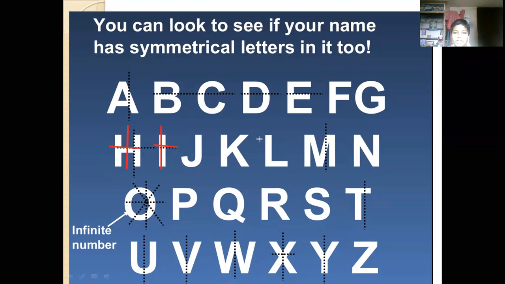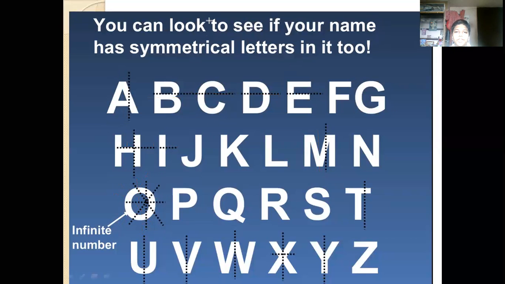J no, K no, L no, M center. A also at center. D but horizontal. C correct. D, E, N we don't know. And O is the special case. We'll be having n number of lines of symmetry.